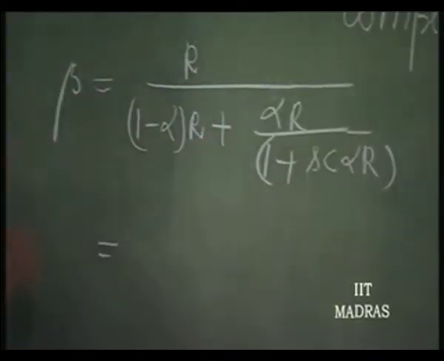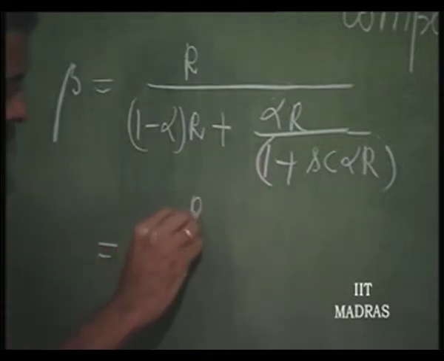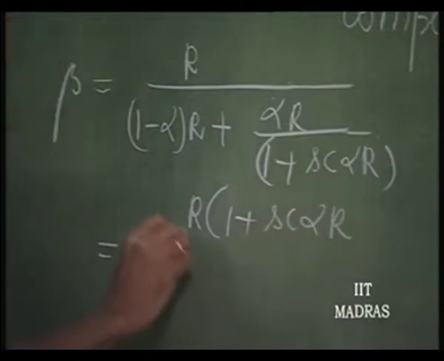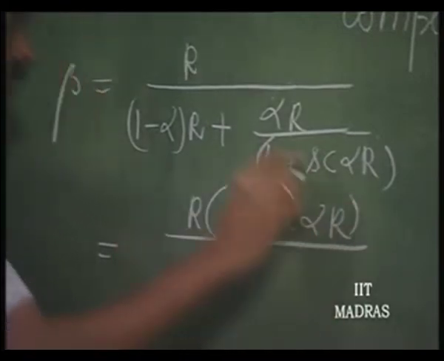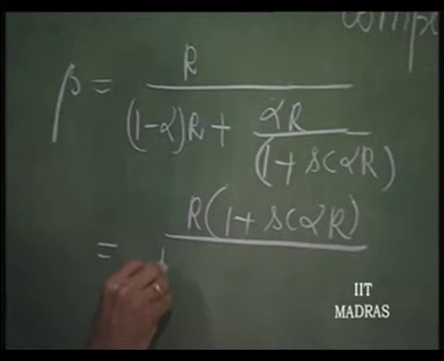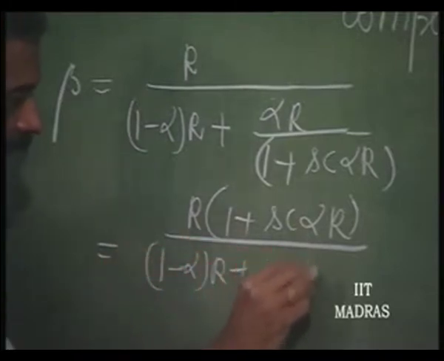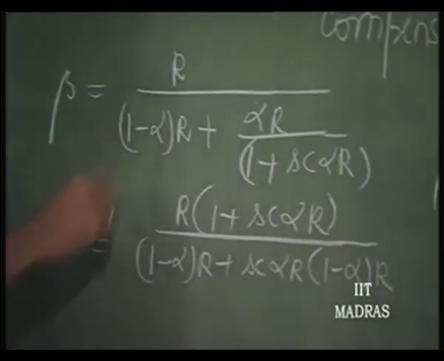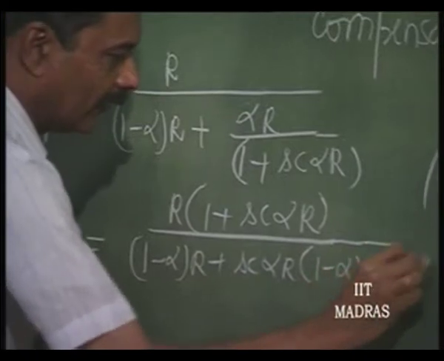So, here you take out this r into 1 plus SC alpha r, okay, comes to the numerator. So, you get 1 minus alpha r plus SC alpha r into 1 minus alpha times r, okay, plus alpha r.